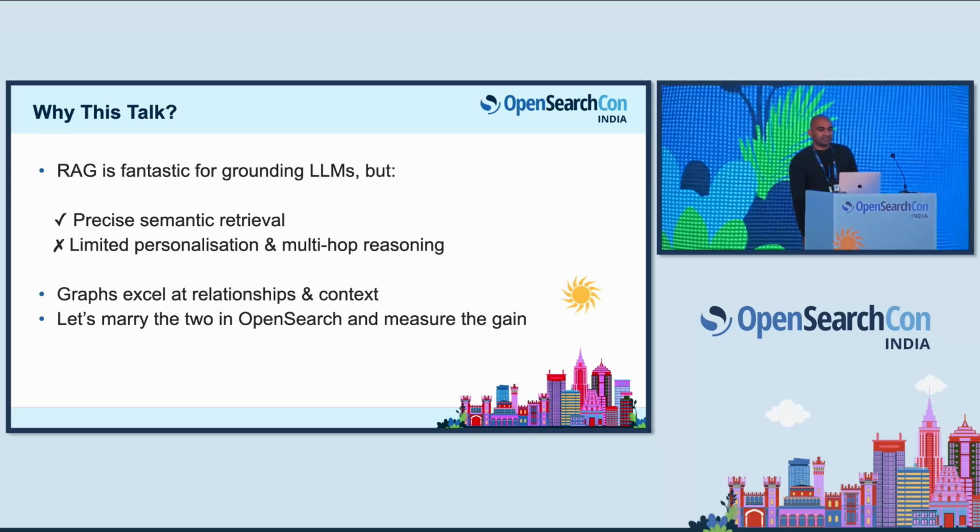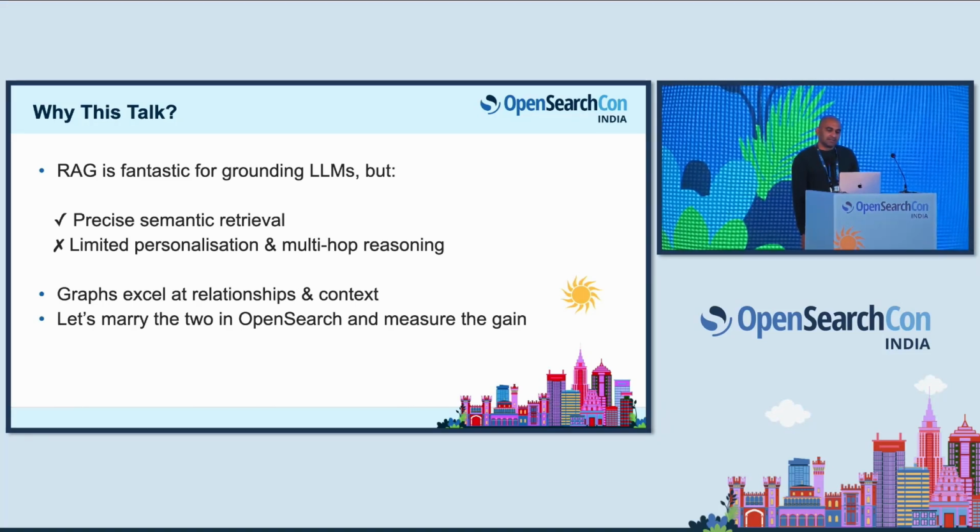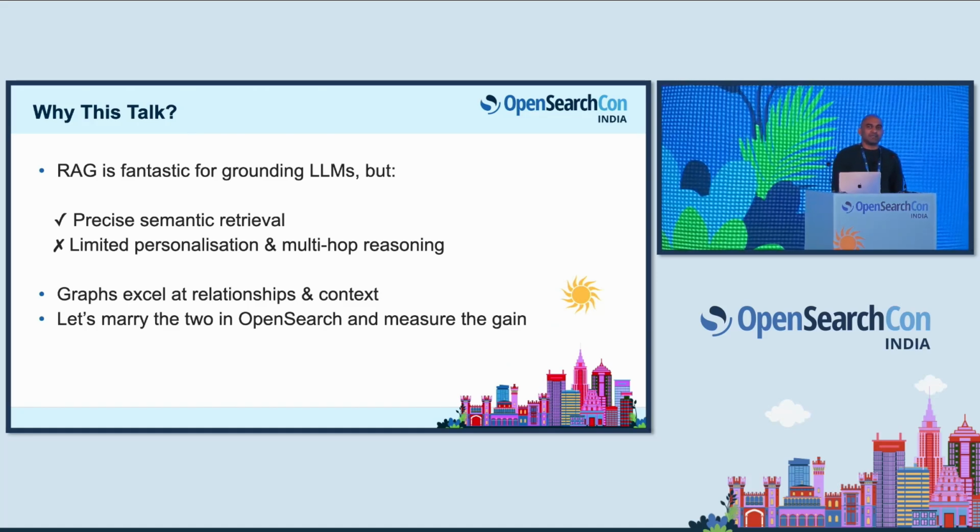Before I start, I just want to have a quick show of hands. I saw some hands raised for the application or understanding of RAG in general. But I would also like to understand how many of you have an idea of a graph database.